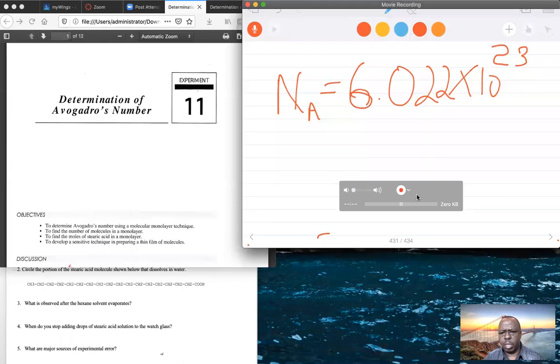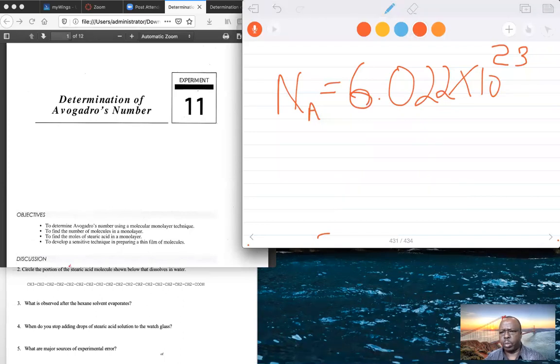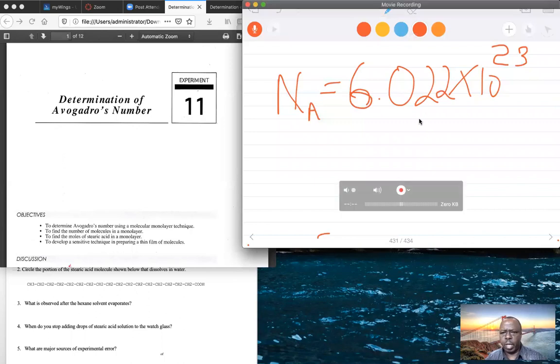Yes, that is Avogadro's number, 6.022 times 10 raised to 23. There is what we call Mole Day.